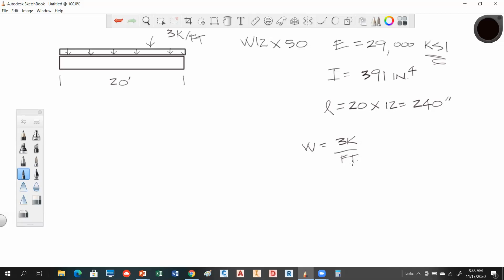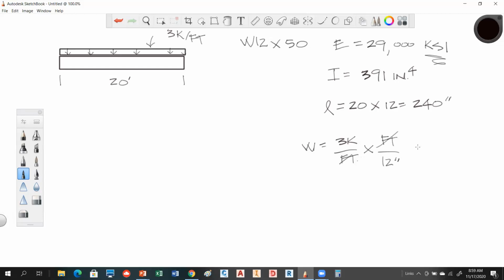So how do we do that? Kips per foot to kips per inch. How do we do that? Just multiply it by 12. Yeah, and you just blew it. All right, watch your units here. Well, there's 12 inches per 1 foot, right? So feet is going to be on top, 12 is going to be on the bottom.